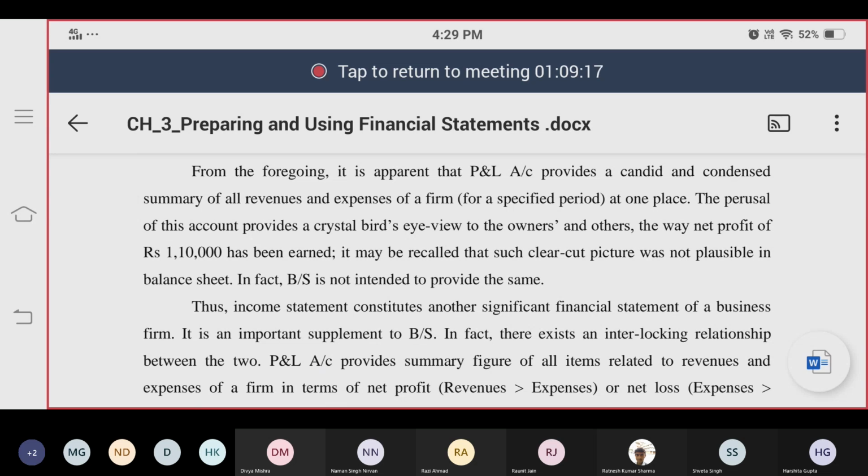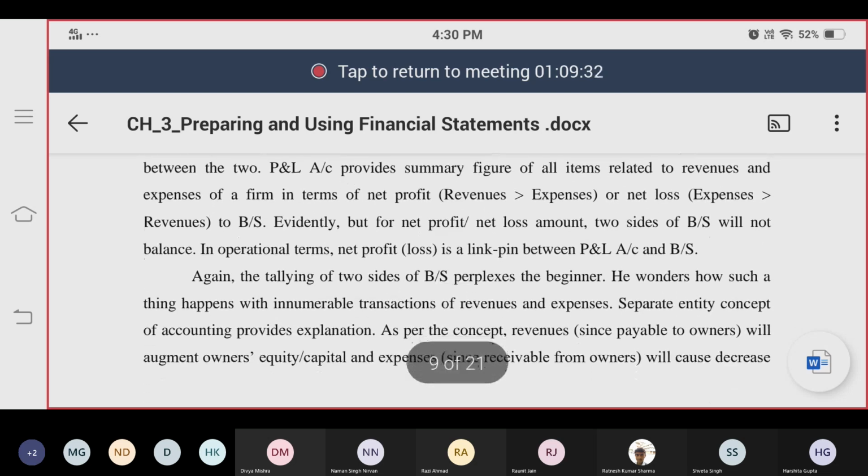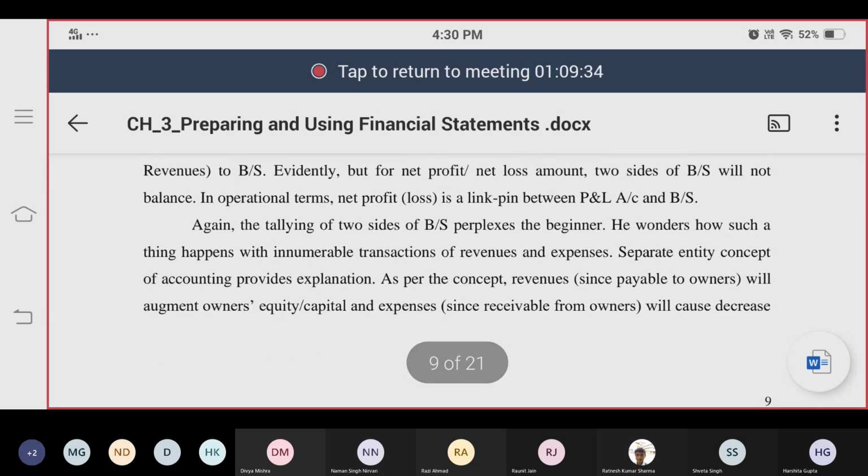It is not allowing me to share. So Harshita, can you scroll down a little? Yeah, just stay here. I hope that all of you can see Harshita's document. Yes, ma'am, it is visible. Okay, great. Thank you so much, Ratnesh.